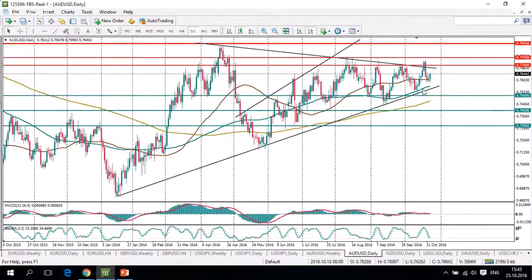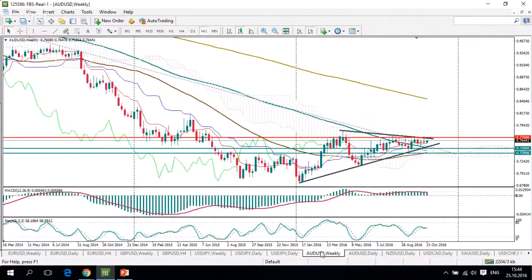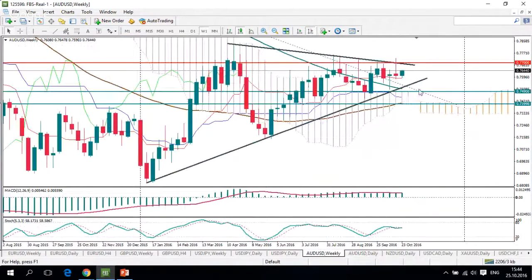And now a couple of words about the Australian dollar. Let's have a look firstly at the weekly chart. Interesting to see that it is another week and we still speak about pretty much the same levels in the Australian dollar, levels around 0.75, 0.77.